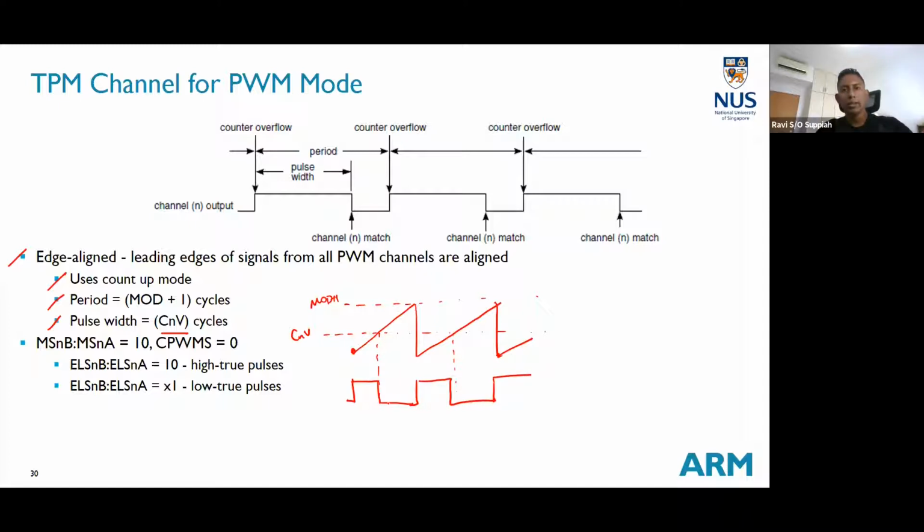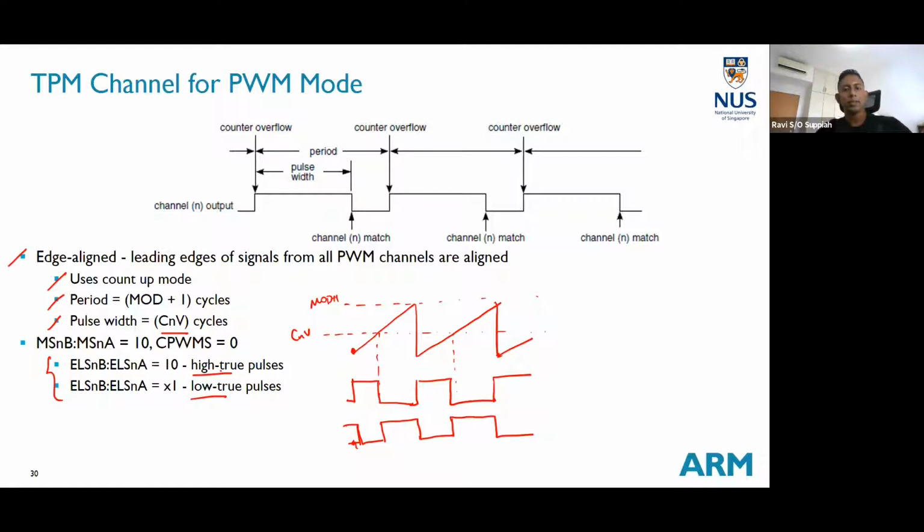Or the other one is the inverted waveform, where it will be high first, then low. It is the same thing, but whenever it is a match, it will do the inverse logic. And this selection is actually over here, whether I want high true or low true.